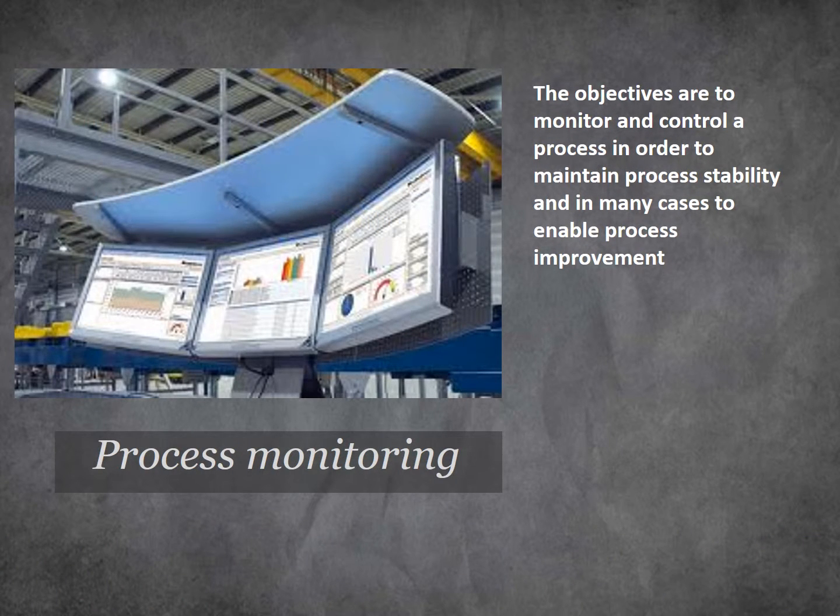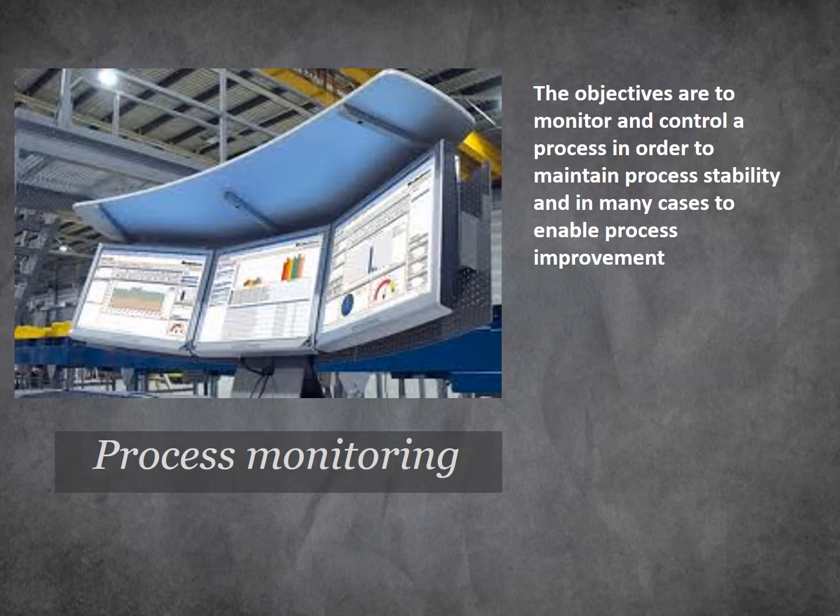Process monitoring. This is an extension of the conventional application of control charts to a much wider range of processes. As with conventional applications, the objectives are to monitor and control a process in order to maintain process stability and in many cases to enable process improvement.